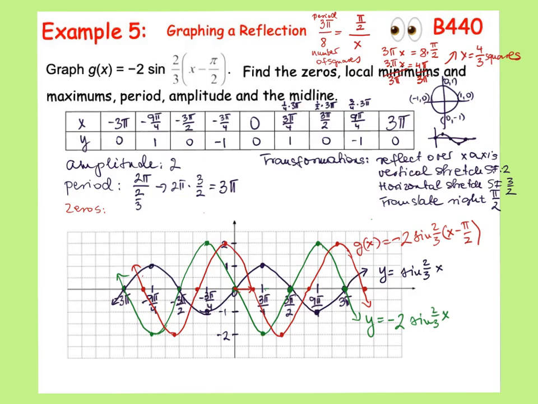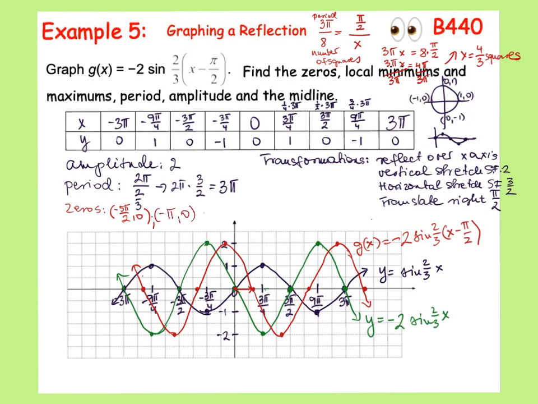So that's -5 pi over 2, which will give me -5 pi over 2 and 0. The next zero is going to be, let me show you, it will be here. So that's going to be -3 pi over 2 plus pi over 2. So that's going to be -pi. So that will be -pi and 0.